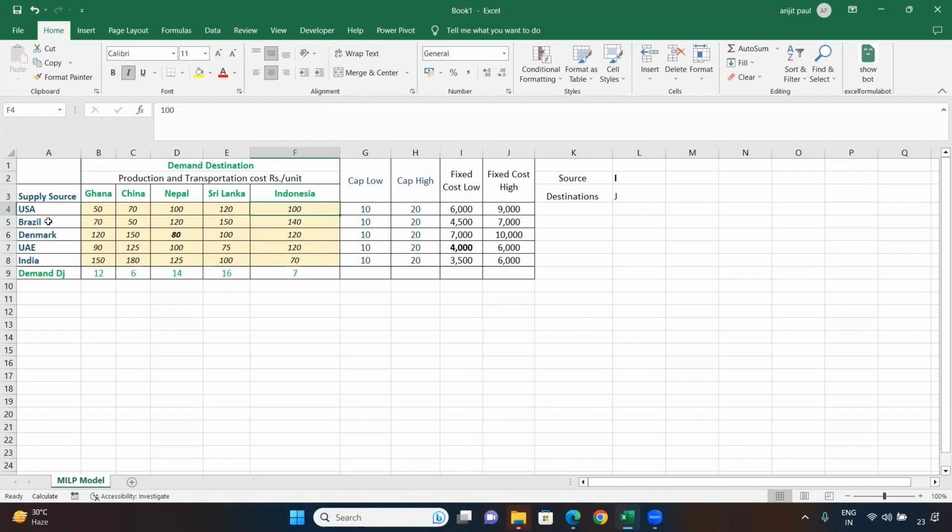Similarly, you can also see what the cost will be if we set up our plant in Brazil, Denmark, UAE and India, to transport the material from that particular plant to the respective markets. So this is the transportation cost.